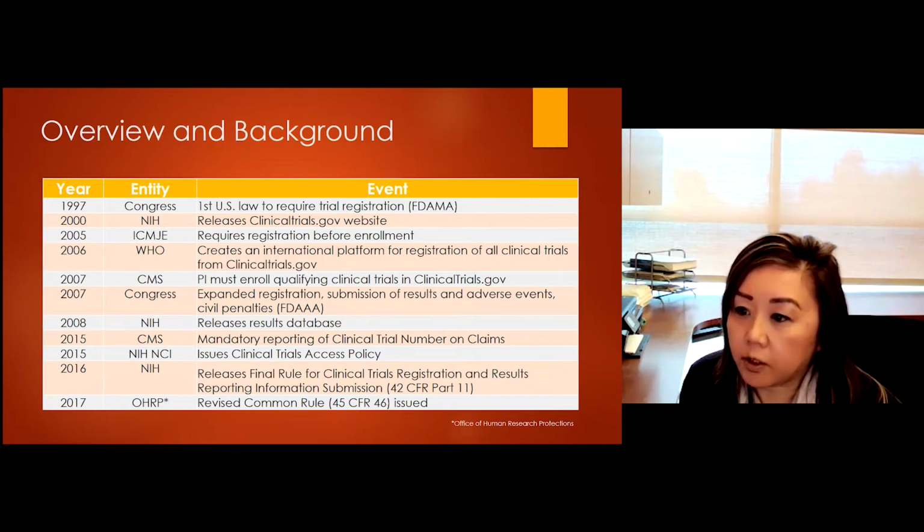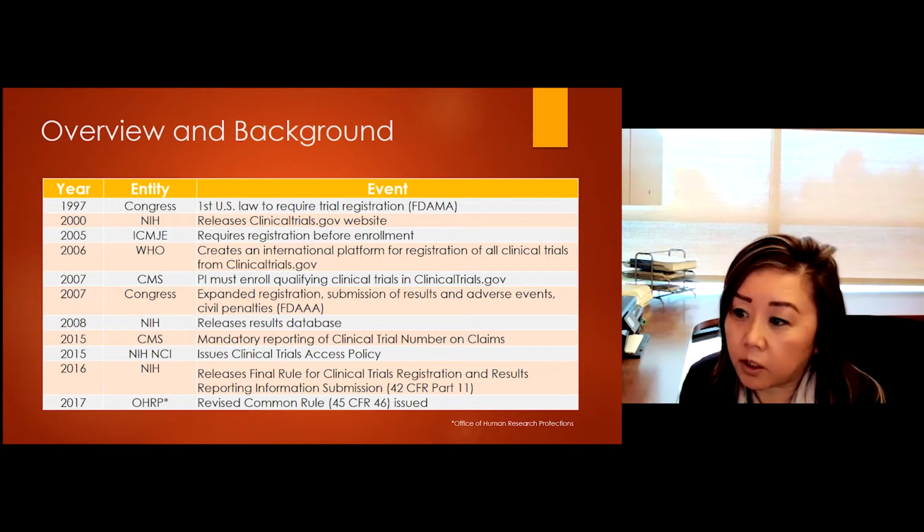So in 2007, CMS started requiring PIs to enroll qualifying clinical trials in clinicaltrials.gov. And this was based on reimbursements from Medi-Cal and Medicare. So the federally funded programs would require this registration to get reimbursement for those types of patients in 2007.